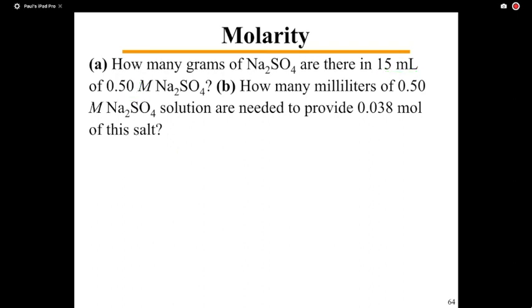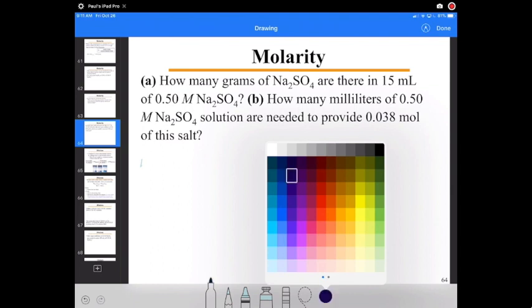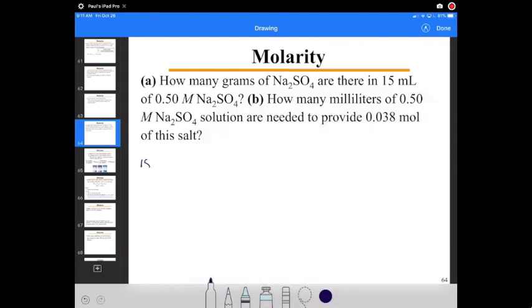So 15 milliliters of sodium sulfate times milliliters to liters, so that I can use the conversion factor that has liters and moles.